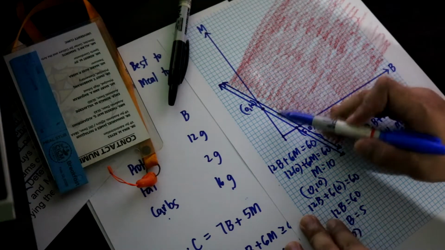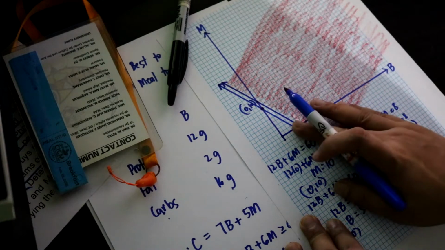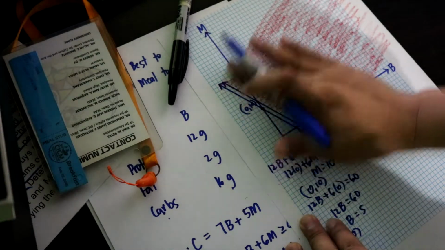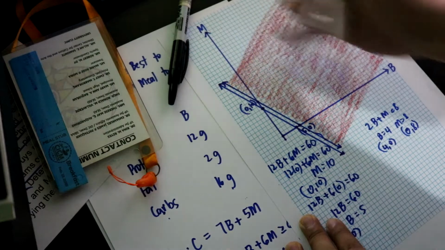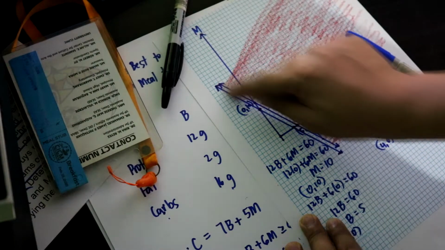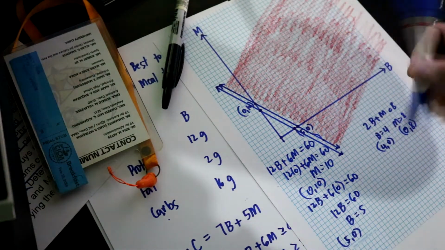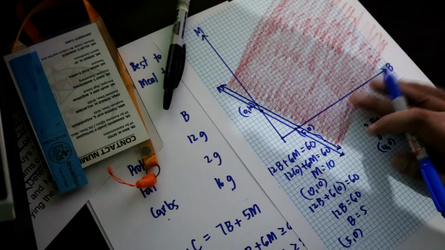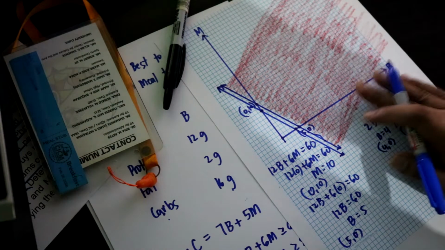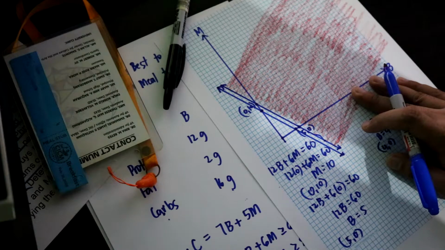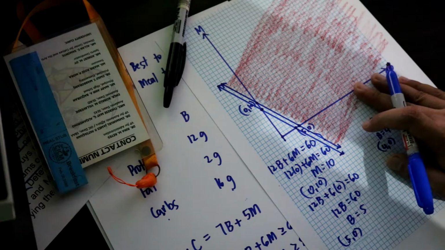Okay, this second constraint will cover slightly a greater region because of this region here. But what we are looking for in a feasible region is the set of points that would satisfy all of the constraints.